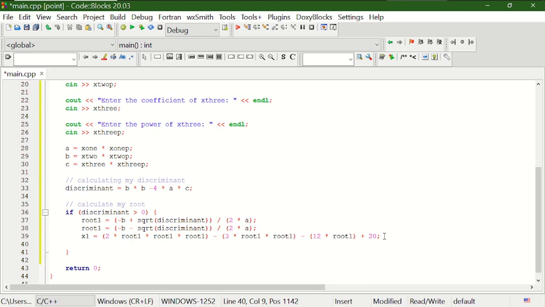So x2 will just be the same thing, right? But we're going to change the root to root 2. So let's write it.